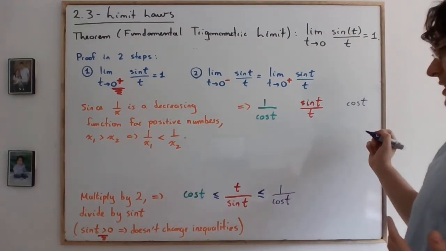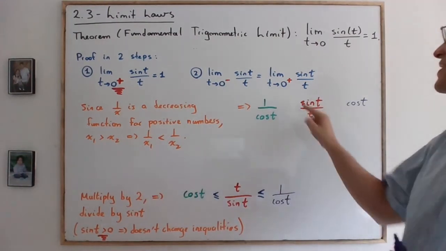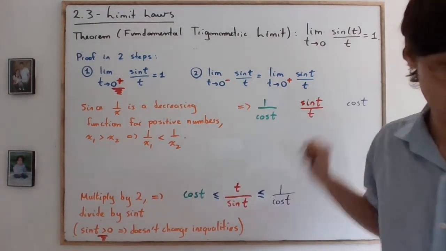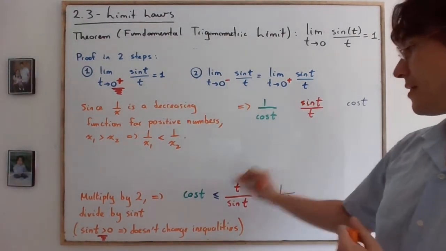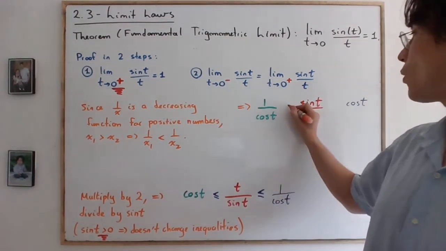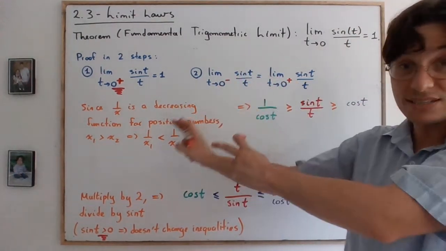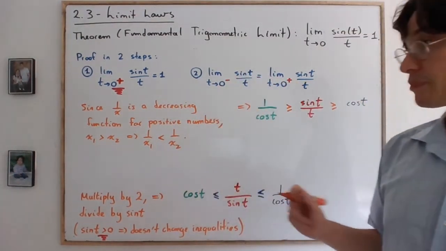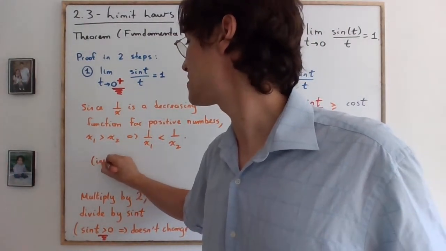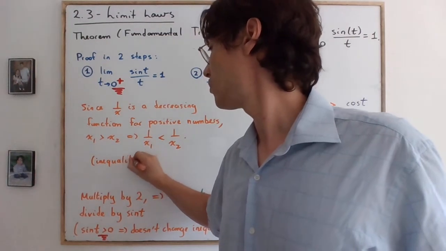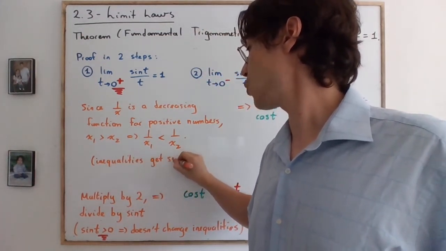We need this in order to have sine t over t in the middle. What's important is that instead of being smaller or equal than, it becomes greater or equal than because of this fact over here. So here I'm just going to put that the inequalities are switched.